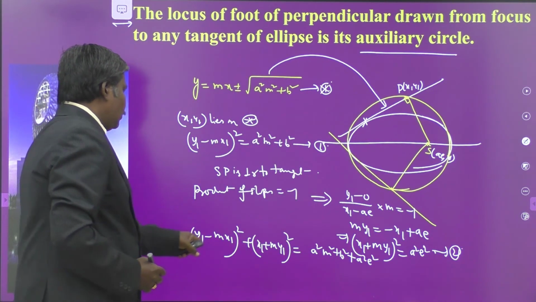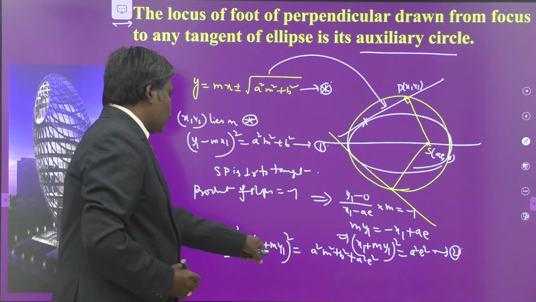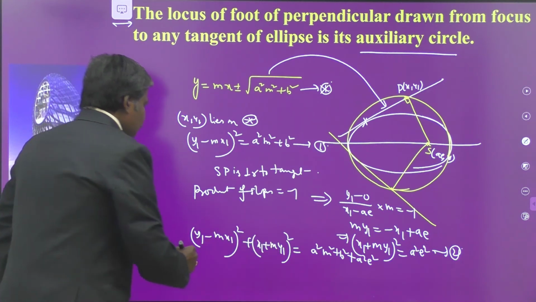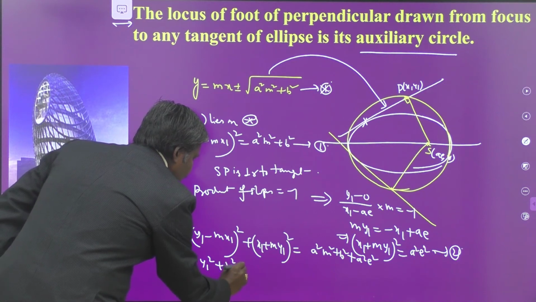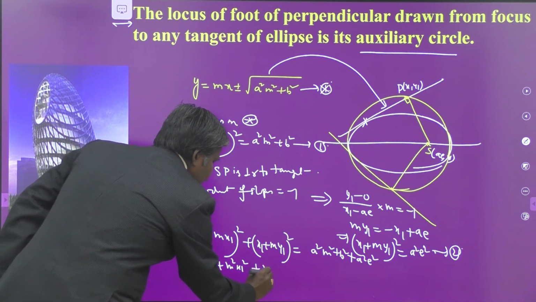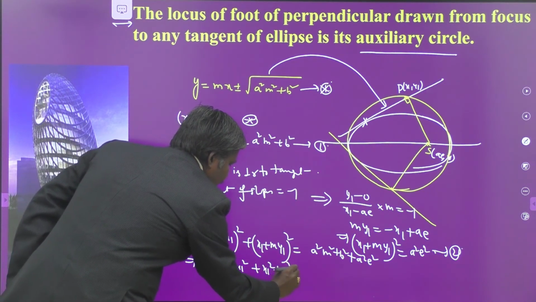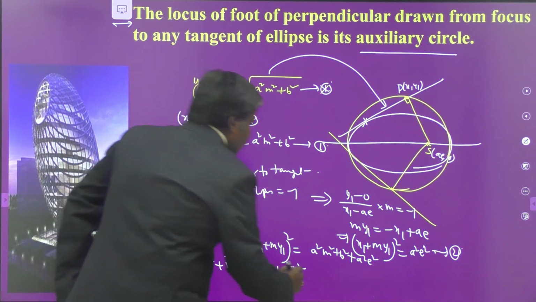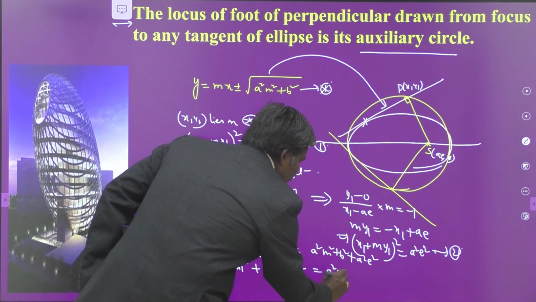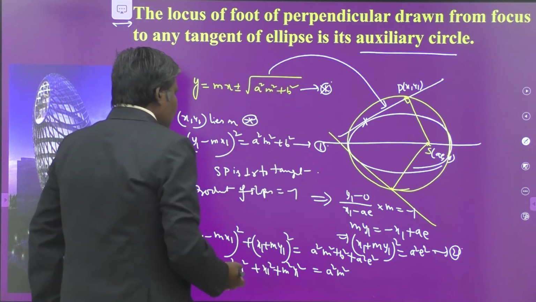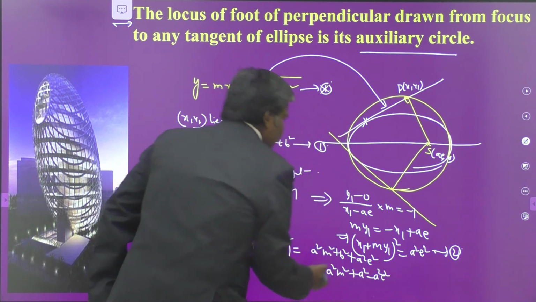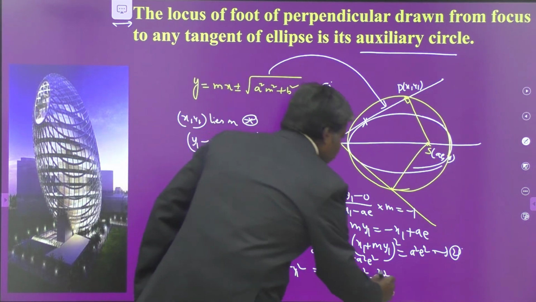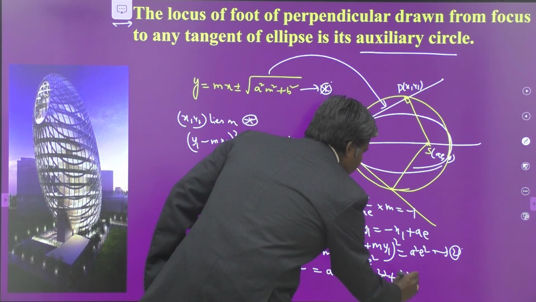Now, 2 x1 y1 m plus 2 x1 y1 m gets cancelled here. The remaining thing is y1 square plus m square x1 square plus x1 square plus m square y1 square. That is equal to a square m square plus b square, and b square means a square minus a square e square, plus a square e square is also there.